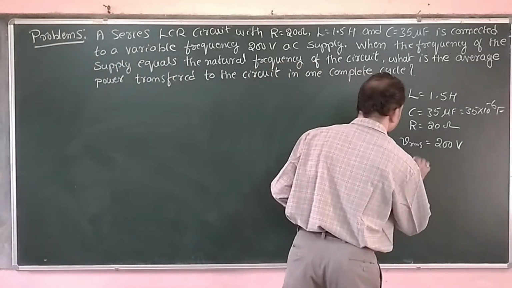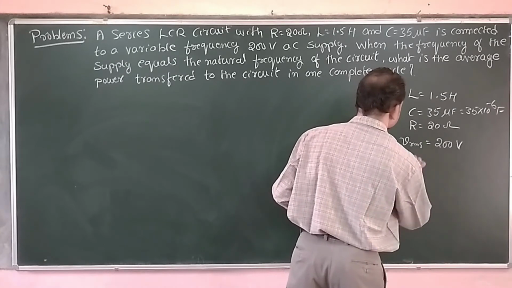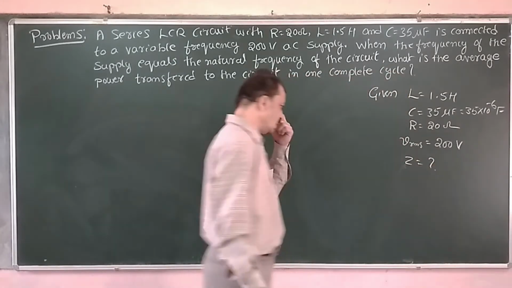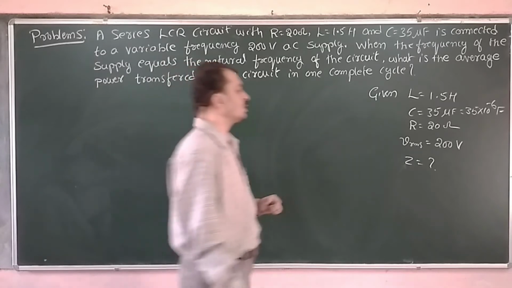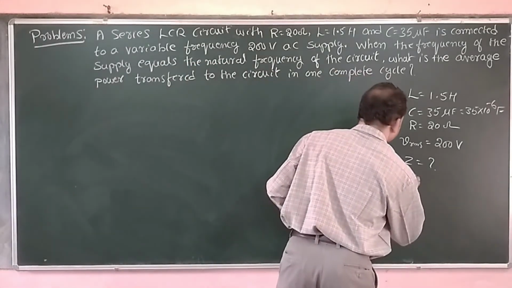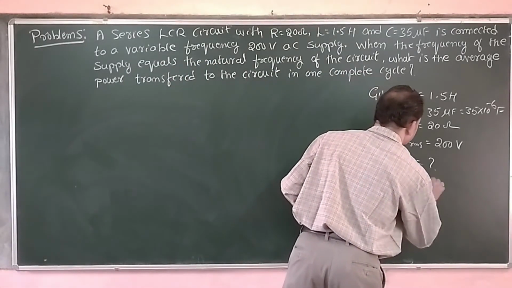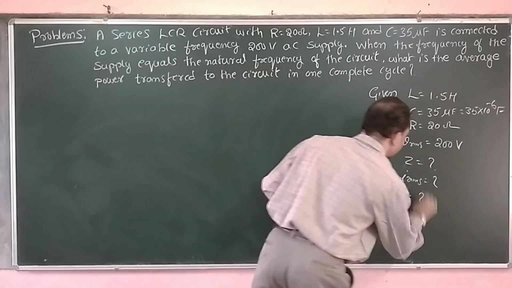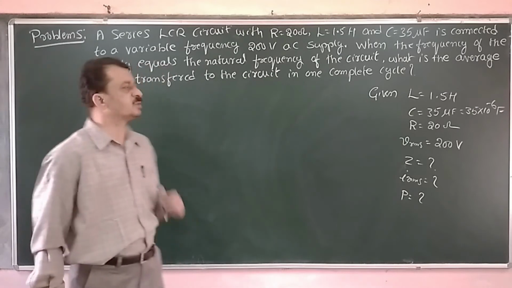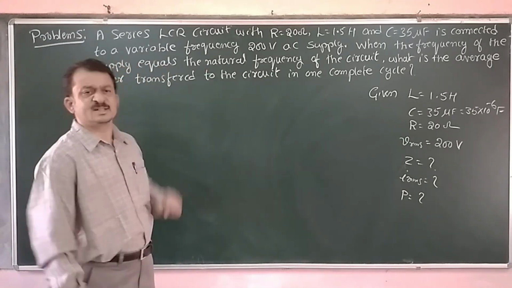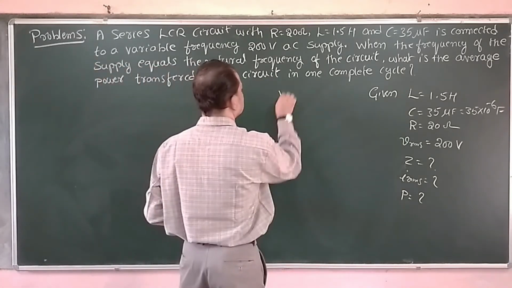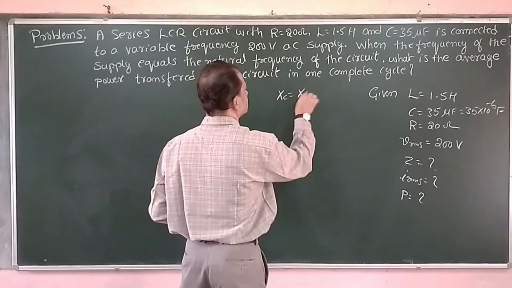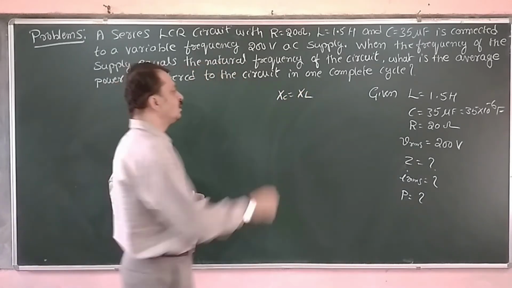For that, I have to calculate impedance. Total impedance of the circuit at resonance, and from that I have to calculate the IRMS value of the current, and hence calculate power dissipation. Since it is the condition of resonance, Xc should be equal to XL.